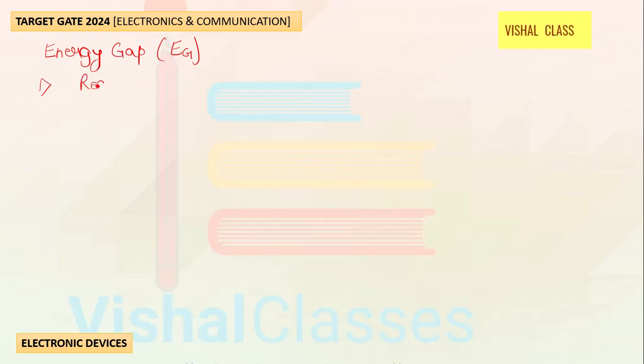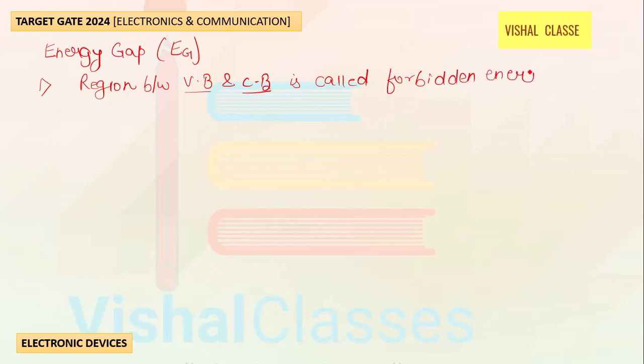The region between valence band and conduction band is called forbidden energy gap or band gap. Region between valence band and conduction band is called forbidden energy gap or band gap.